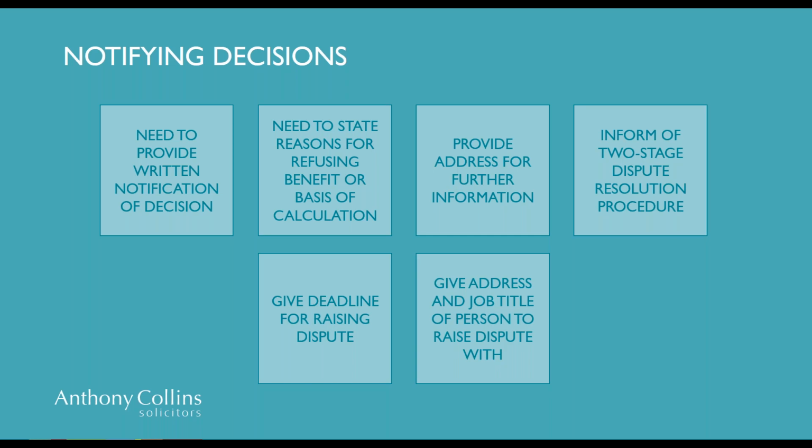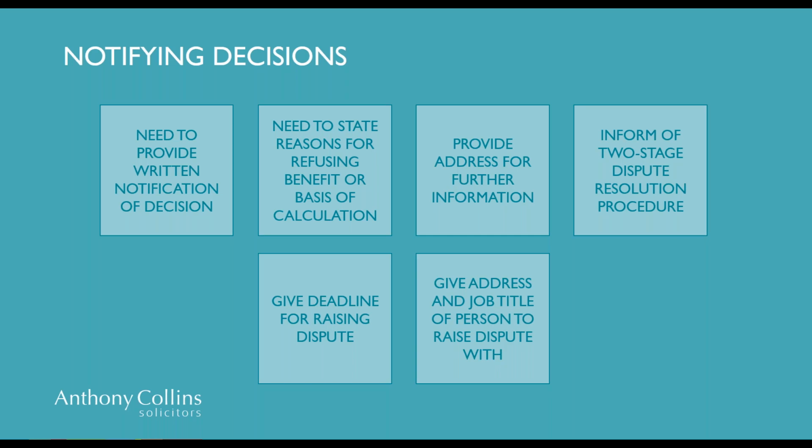I can perhaps hear many scheme employers thinking, well, that's just going to potentially provoke a lot more disputes. You may well be right about that, but you do need to be aware that your obligation is to notify the decision in writing and to provide details of the dispute resolution procedure.